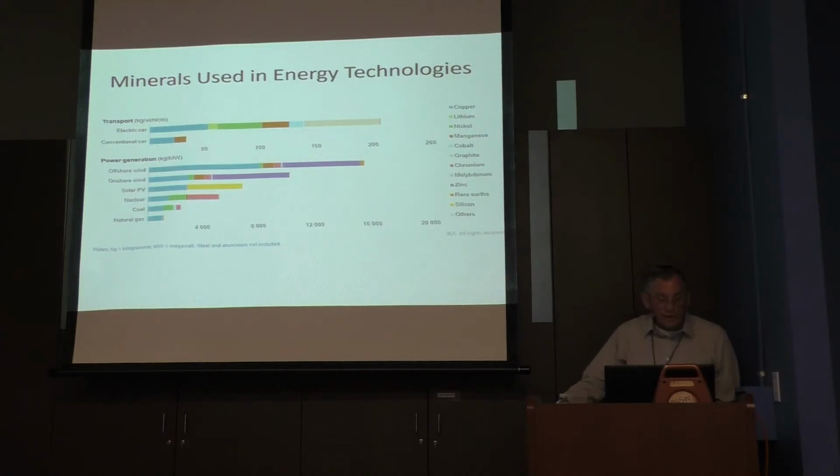And note the scales. In this case, the upper scale there, we're looking at 50, 100, 150, etc. kilograms per vehicle. And down here for the power generating facilities, we're looking at kilograms per megawatt as the unit.